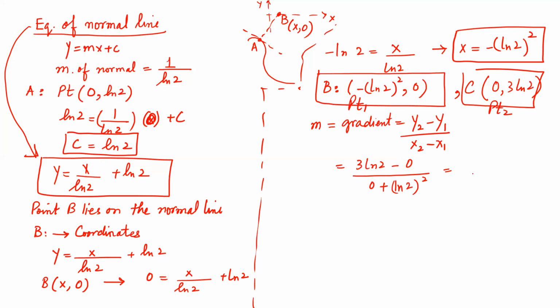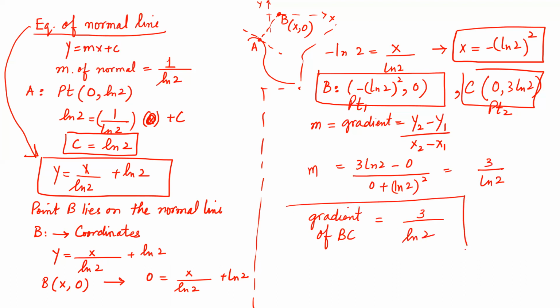This comes out to be 3 divided by natural log of 2. This is my gradient. So the gradient of line BC is 3 over natural log of 2. This is how it can be found, and it is as simple as that.